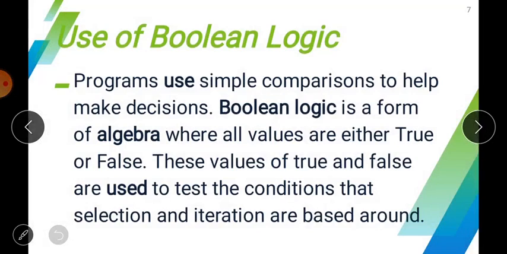Now moving forward, the next topic is use of binary logic. As I told you earlier, each and every logic where all values are either true or false is called Boolean logic. Means if you are testing any particular condition and the result of the test is either true or false, then this type of condition is known as Boolean logic.